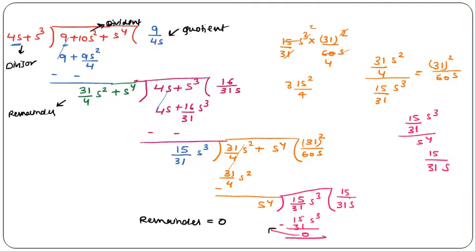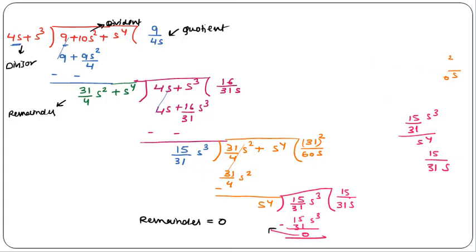Now let me erase this extra calculation. Now if we observe this quotient, we can easily find the type of the element and also the value of those elements, because the coefficient of s in this quotient will give the values of those elements.